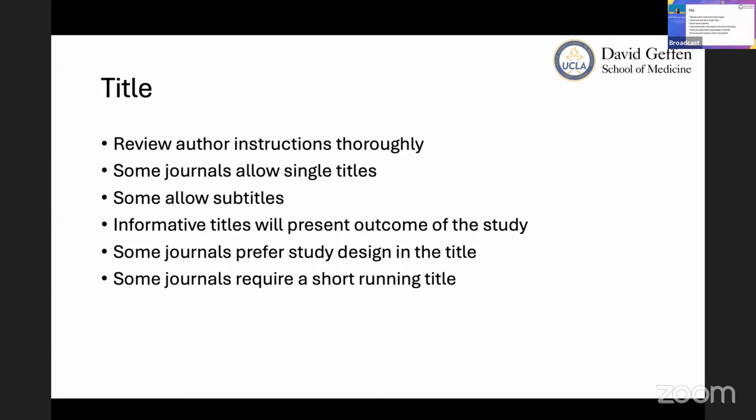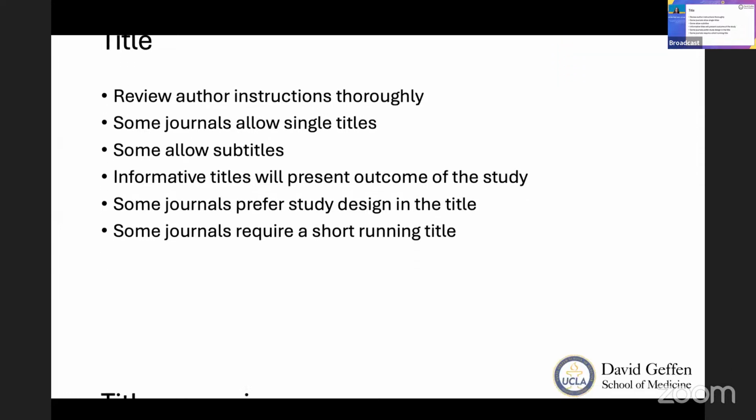For example, if it is a randomized controlled trial, it would be beneficial to say this is an RCT, a randomized controlled trial, in the title. But if the title word limit is really small, you may not be able to put those things in there. And some journals also require a short running title and an actual title, so you may have to do extra ones.